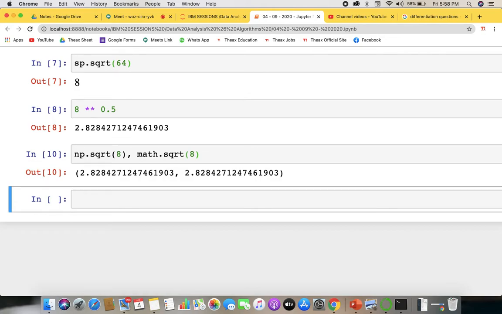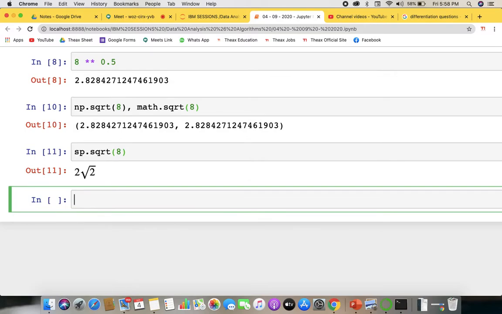Because that is exactly the same thing. Now, in SymPy, if we write sp dot sqrt of 8, what you can see is 2 root 2, a symbolic representation, not a calculated representation.